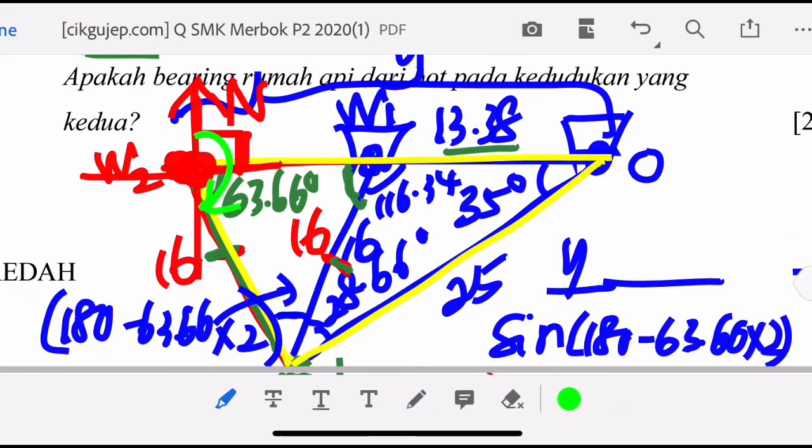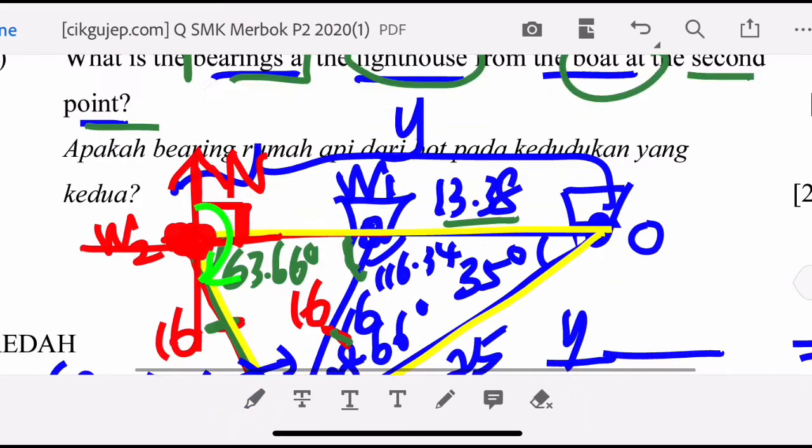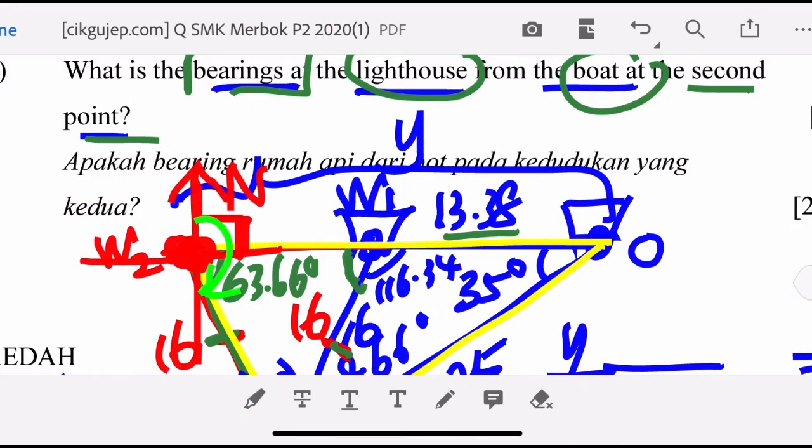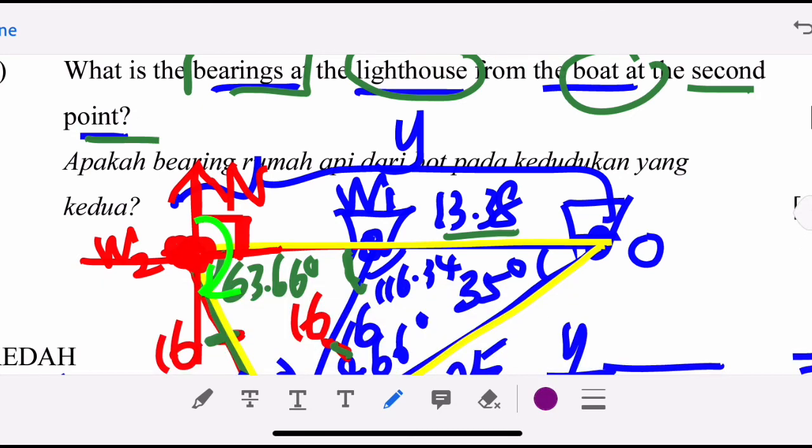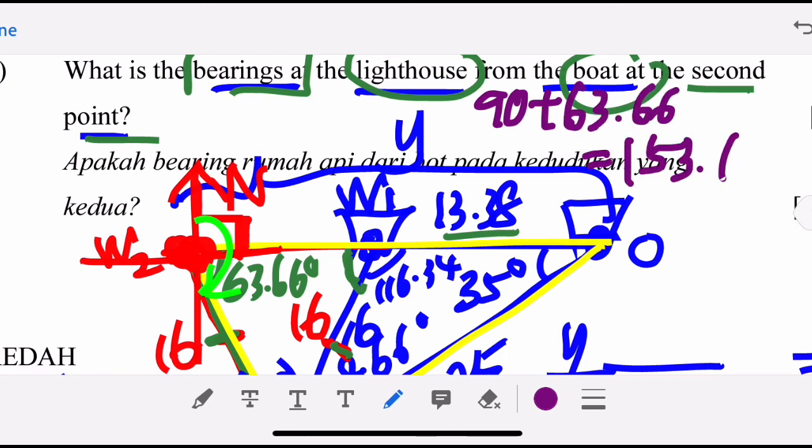The answer is 90 plus 63.66, which is 153.66. The bearing should be in three digits, and the 0.66 is okay. So that's the bearing of the lighthouse from the boat at the second point.